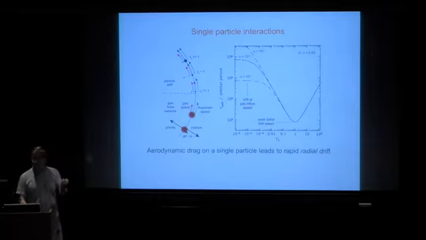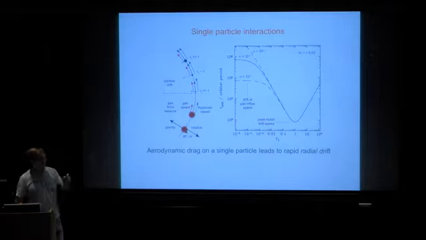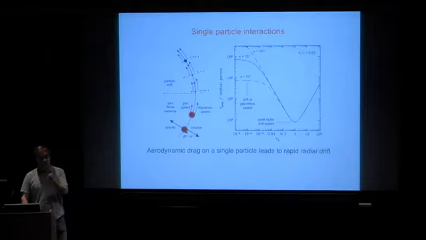So if you imagine a large object that's moving at the Keplerian speed, it would feel a headwind due to that sub-Keplerian gas. That would give a drag, and it would spiral towards the star. If, on the other hand, you imagine a very small particle that's being carried around with the gas in the disk, it doesn't feel the pressure gradient, so it's orbiting at too slow a speed compared to what the balance of forces would suggest.